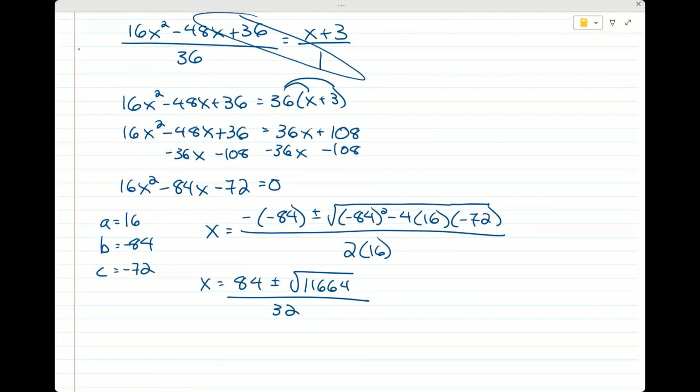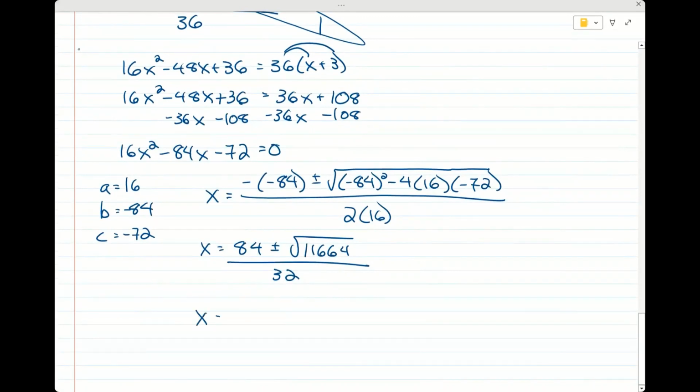Mercifully, that is a perfect square, believe it or not. And that comes out to be 84 plus or minus 108 over 32. And then to simplify this, 84 plus 108 divided by 32 is 6. And then 84 minus 108 divided by 32 is negative 3/4.